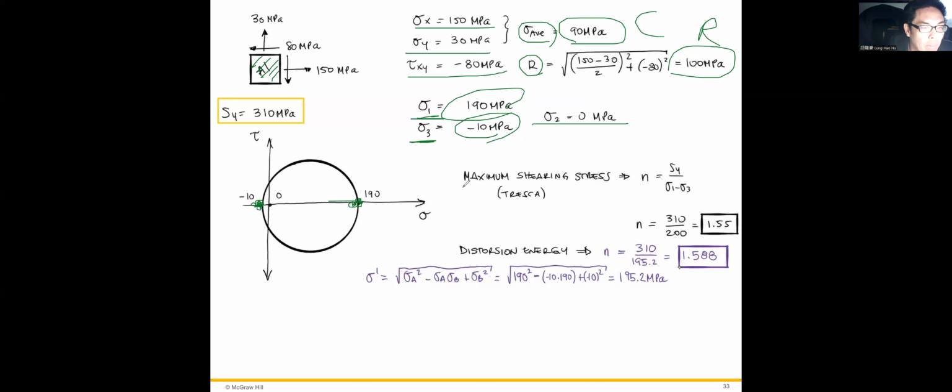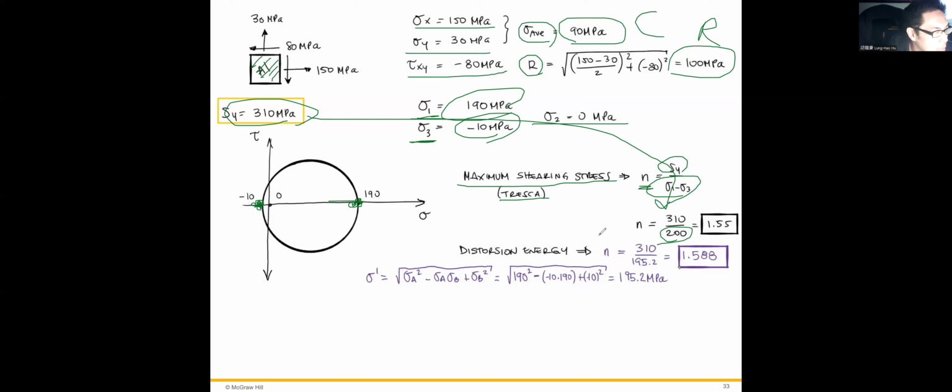Therefore, for the maximum shear stress theory, or we can call it the Tresca theory, the safety factor equals the yielding stress divided by sigma 1 minus sigma 3, and then we plug the yielding stress in here divided by 200.